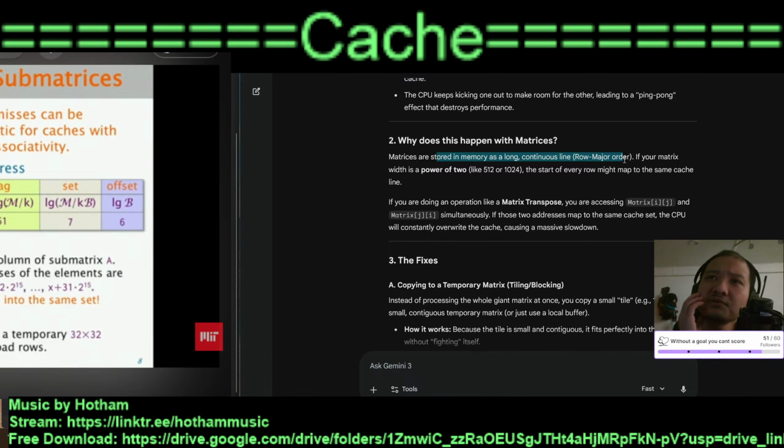Your matrix width is a power of 2. The start of every row might map to the same place if you are doing an operation like matrix transpose.